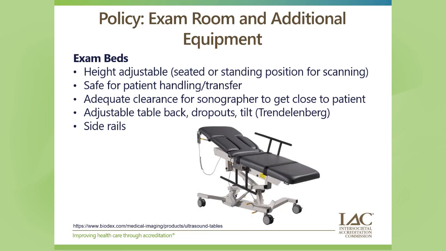And then things that are helpful but not always available in every context are the adjustable table back, being able to bring it up and down, the dropouts for the different positions we need to get our patients in, and then the ability to tilt the bed as well. If you need to get them into something like the Trendelenburg position, ensuring that it not only tilts up, but it also tilts back. And then from a safety standpoint, those side rails are extremely important.